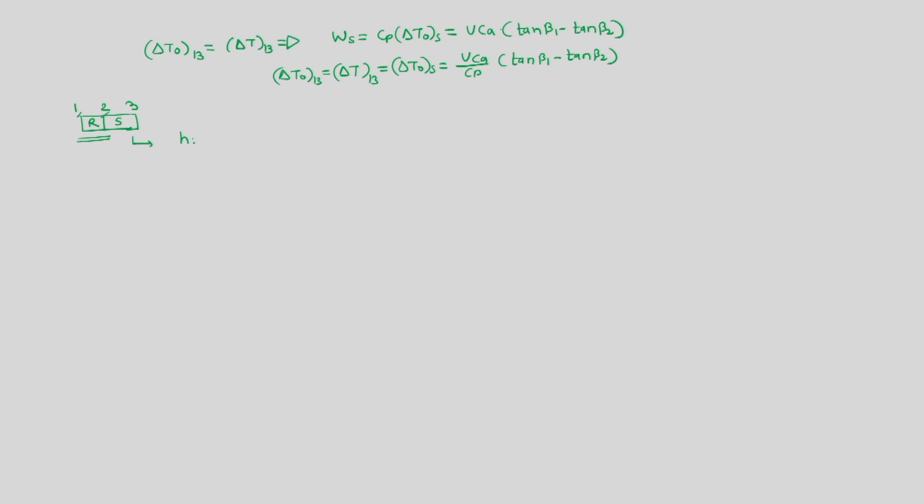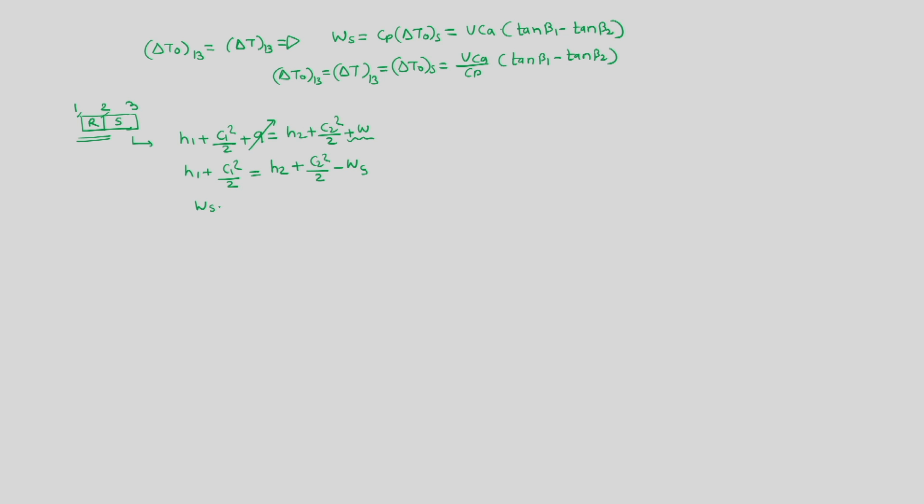We can write H1 plus C1 square by 2 plus Q is equal to H2 plus C2 square by 2 plus W. But this is an adiabatic process, so Q is not there. Further, this W is received by the system, so we have H1 plus C1 square by 2 is equal to H2 plus C2 square by 2 minus W stage.